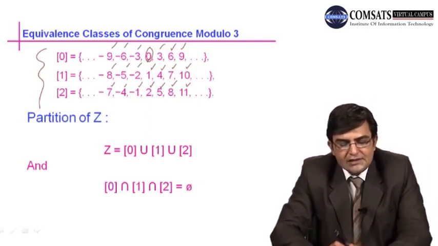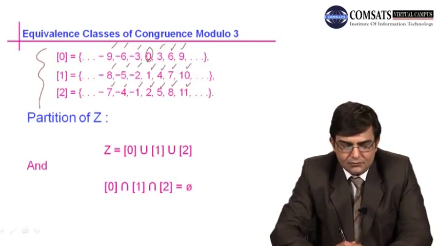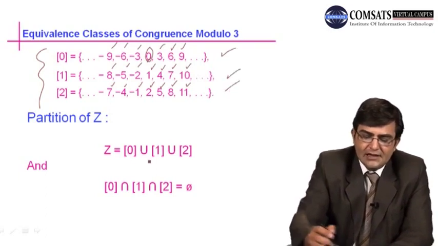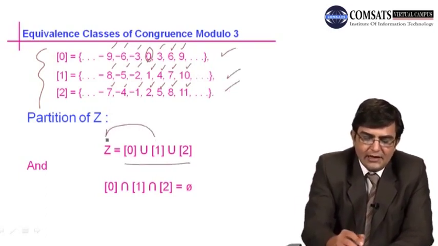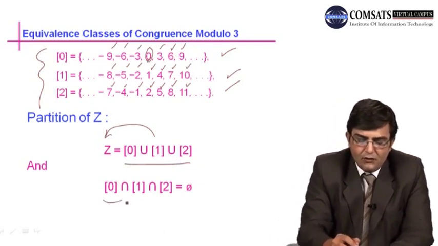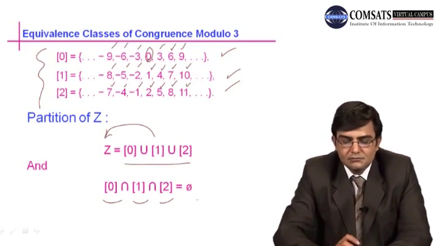So these three classes basically divide Z, the set of integers, into three distinct subsets. If we take the union of these three classes, we get again the set Z of integers, and the intersection of these three classes is empty.